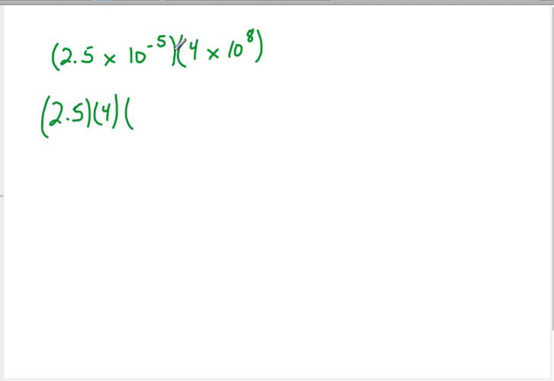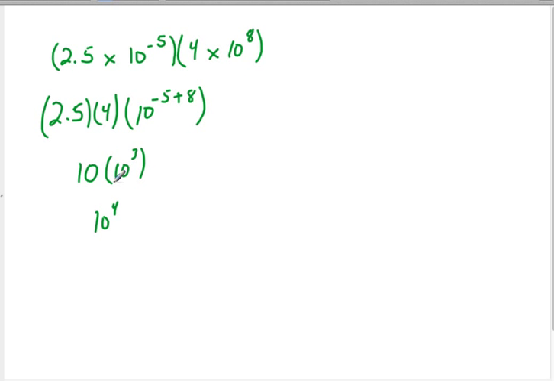So 10 to the negative fifth times 10 to the eighth is just 10 to the negative 5 plus 8, right? So now 2.5 times 4 is 10, and then this is 10 to the third, right? So now we actually have 10 times 10 to the third power, which is what, 10 to the fourth power?